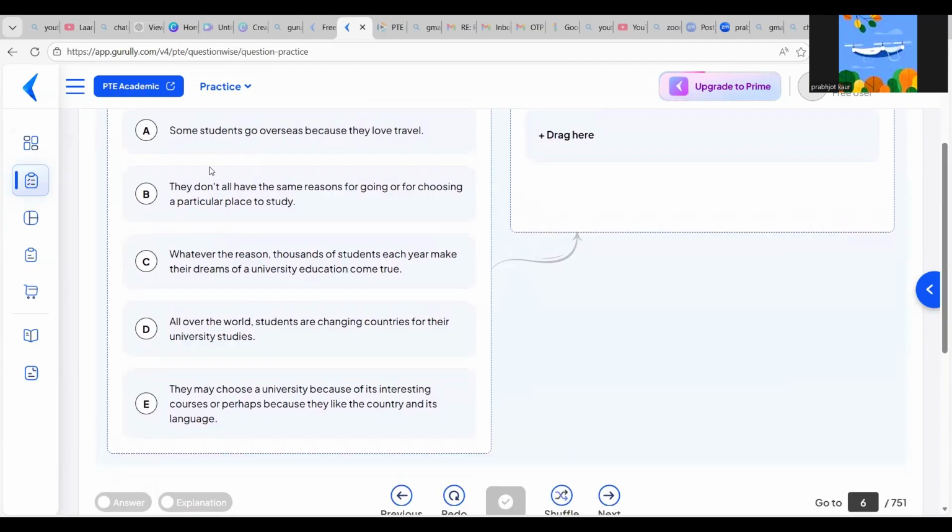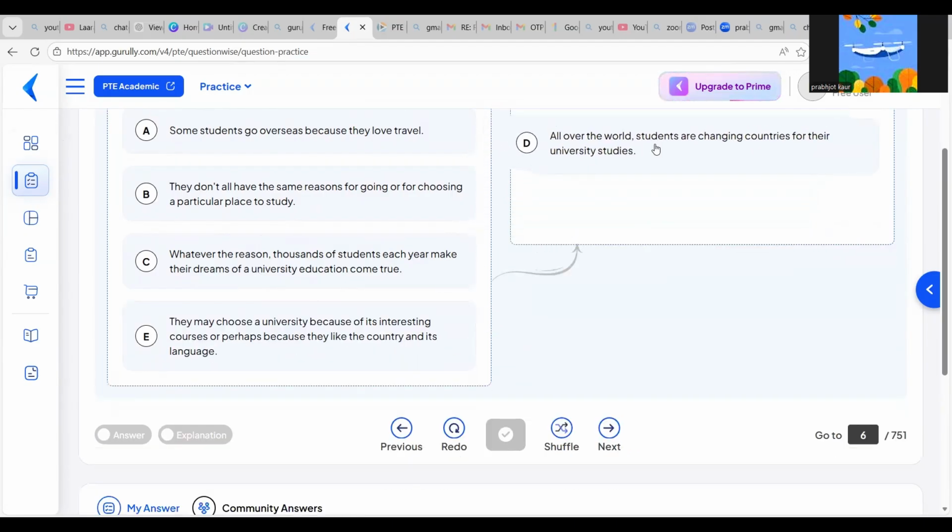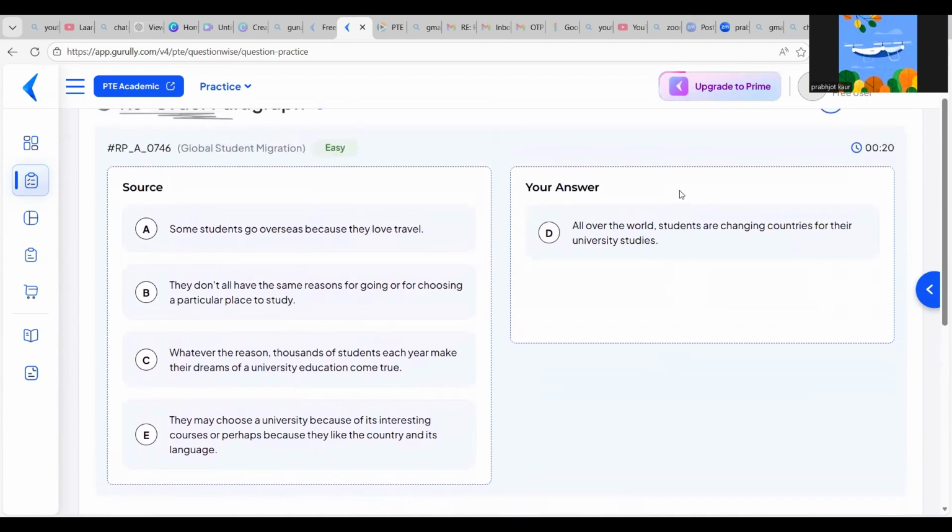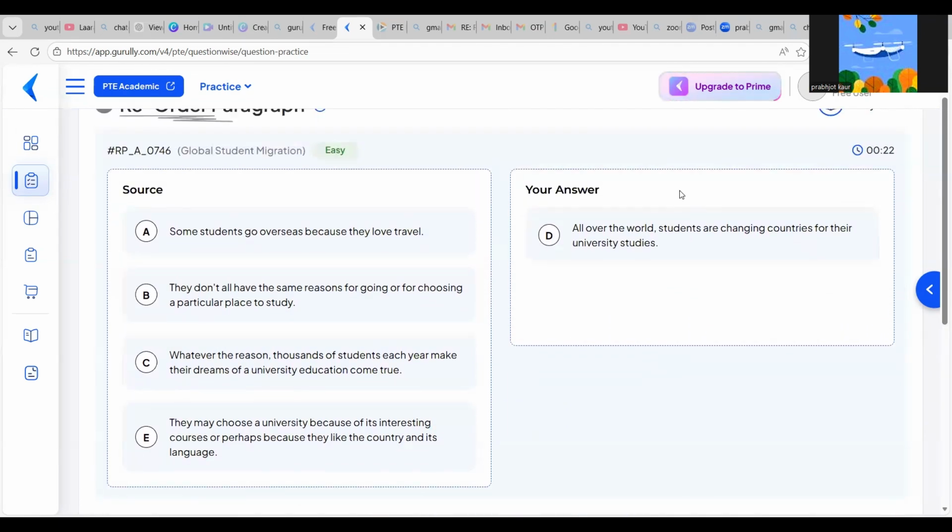Whatever the reason, all over the world, students... Yes, so the first one is D: All over the world, students are changing countries for their university studies.